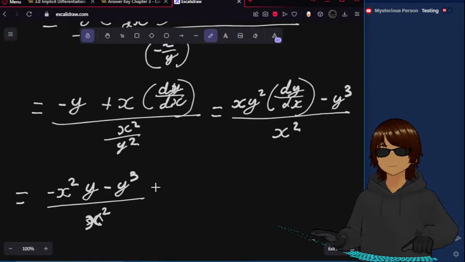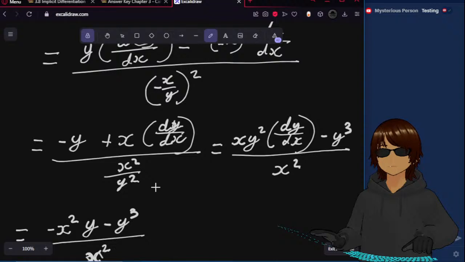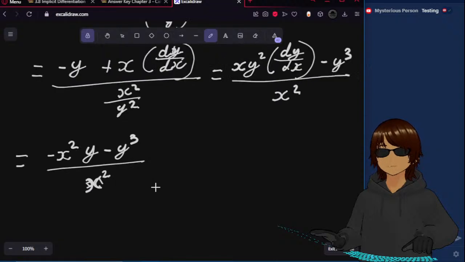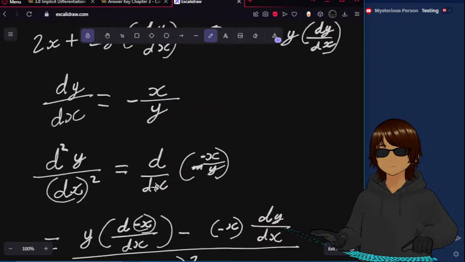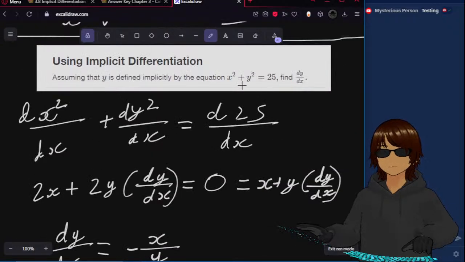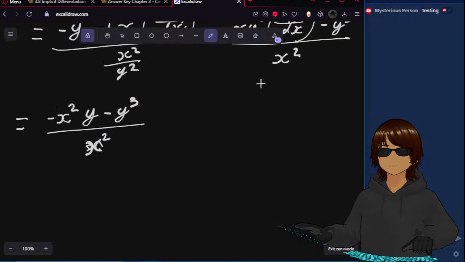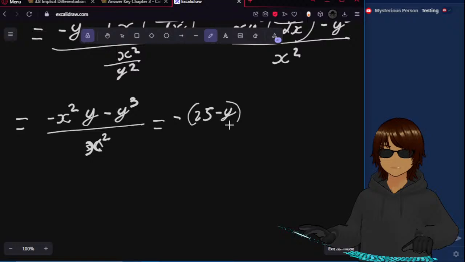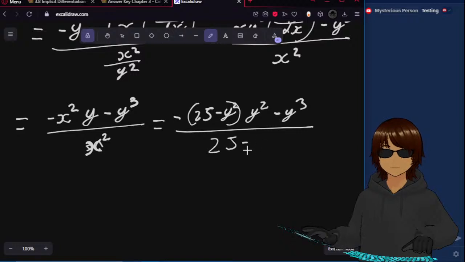Is it correct so far? X squared is 25 minus y squared. I think I made it more complicated than it's supposed to be. Why is this glitching so much?